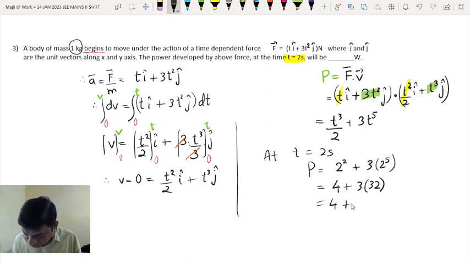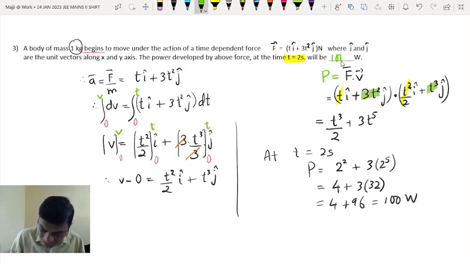So 4 plus 96, which is equal to 100 watt. So the correct answer is 100 watt.